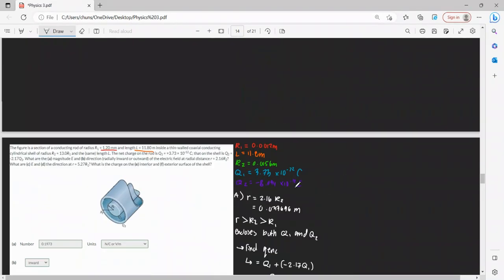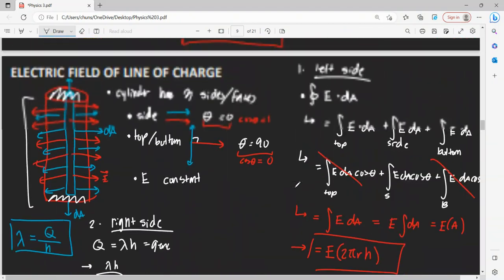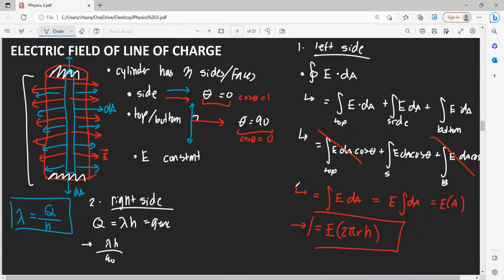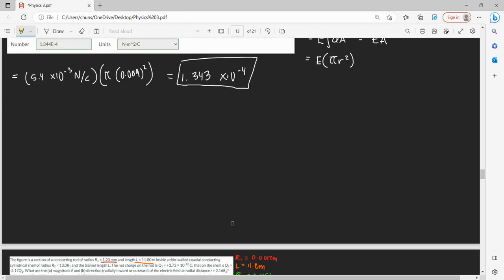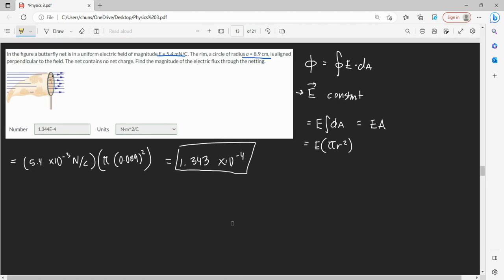From our notes, scrolling back up, for a cylindrical Gaussian surface, we know that our top and bottom faces point perpendicularly to our electric field coming out of the line of charge, so therefore we don't include them, and we're only wanting to use the side of our cylinder, right? So we only want to worry about this part right here. So that's what we're going to use for this question down here.